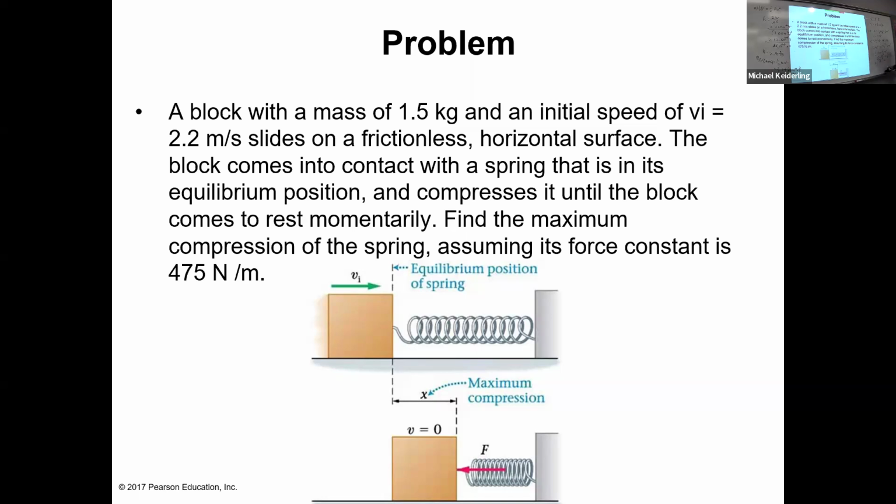Well, actually, you can even pull out square root of m over k times v, but 2.2 meters per second squared over 475 newtons per meter. How does the book do it?